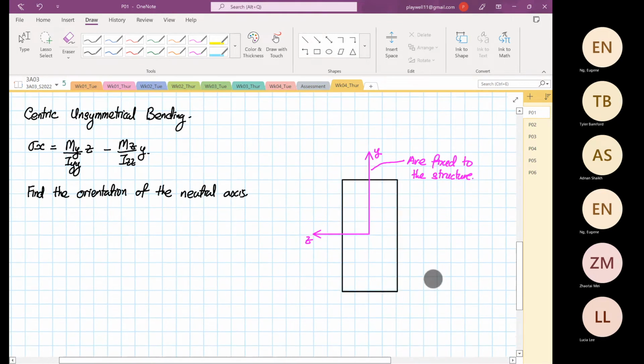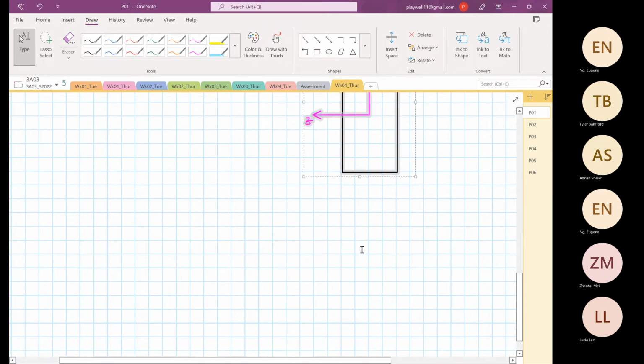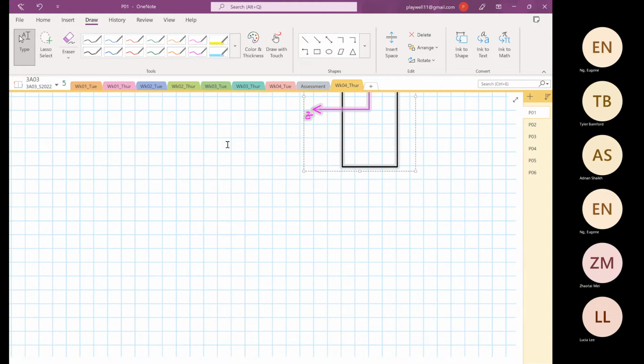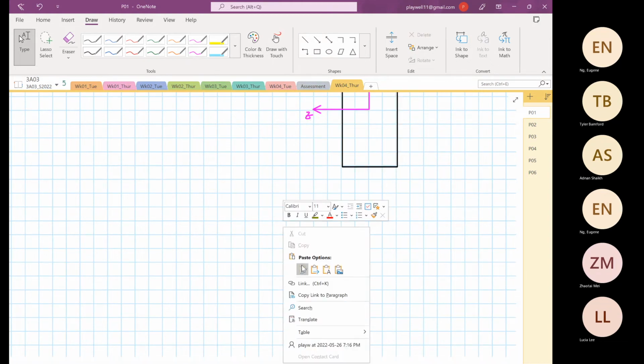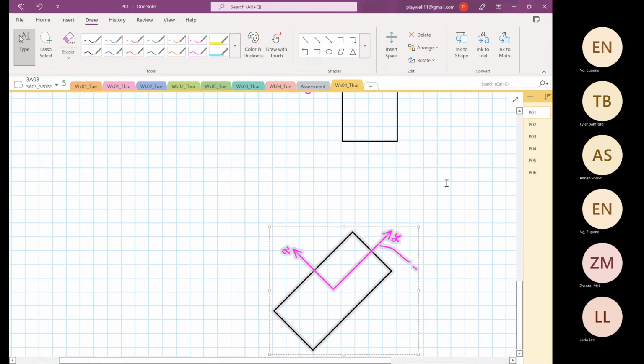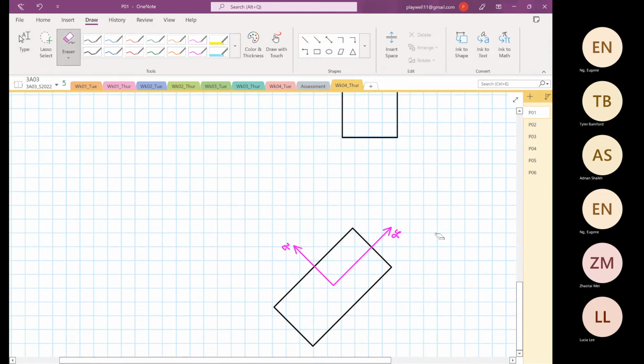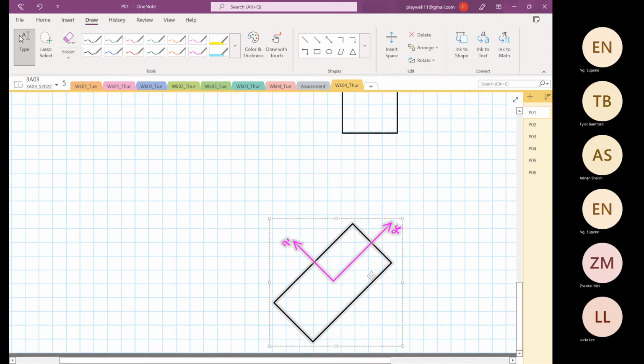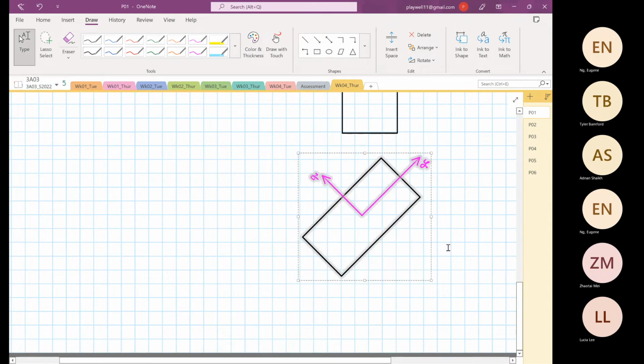Okay. So what do I mean by that is if I take the whole thing and if I rotate this by 45 degrees, the y and z will rotate likewise. Okay, will rotate likewise.